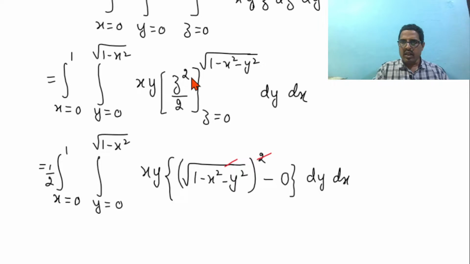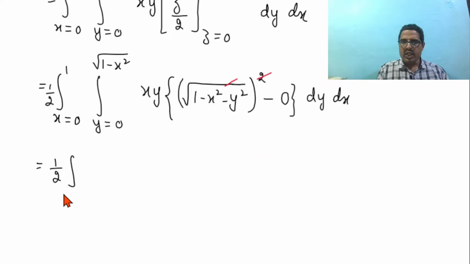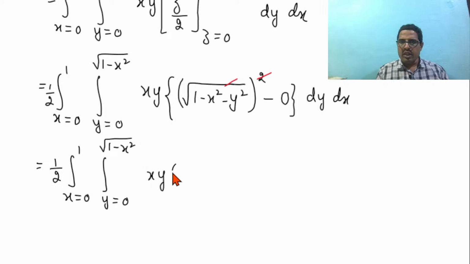So you are left with 1 by 2, the integral x equals 0 to 1, then the integral y equals 0 to root of 1 minus x square, and xy as it is. Because the square and root have cancelled out, you are left only with 1 minus x square minus y square, times dy and dx.